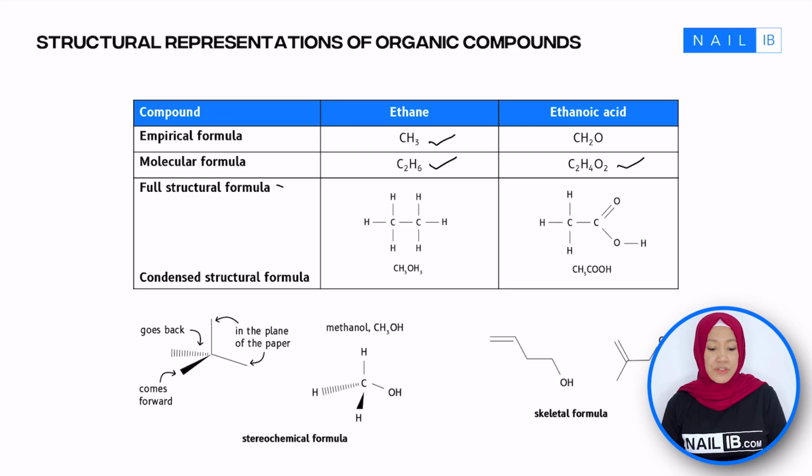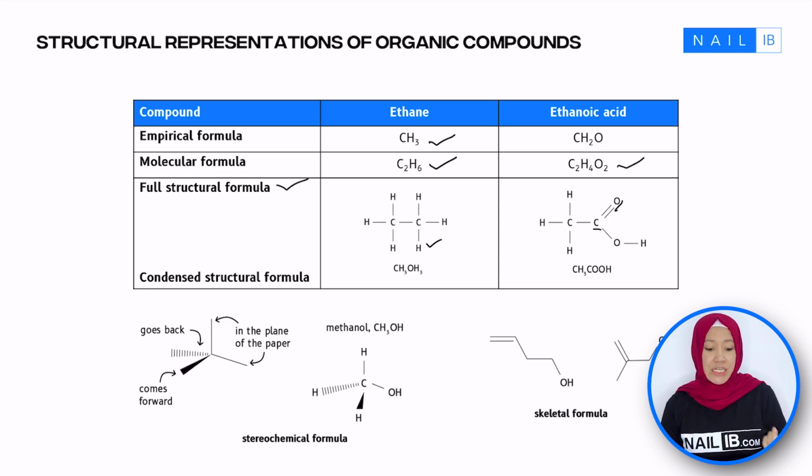And the full structural formula shows the bonds and number of atoms. Basically, it's a Lewis structure that uses a bond between the atoms involved in the molecule. So this is the full structural formula for ethane, and this is the structural formula of ethanoic acid.